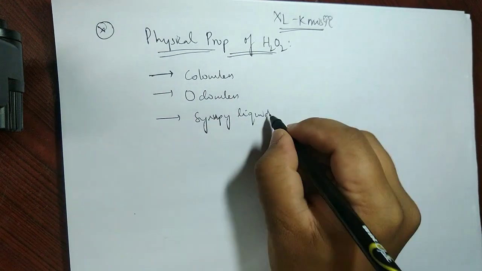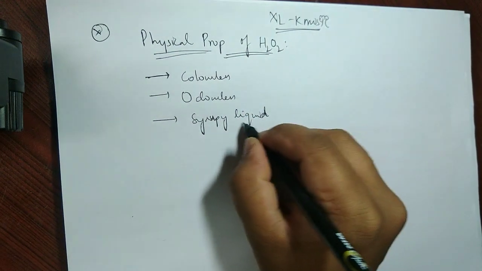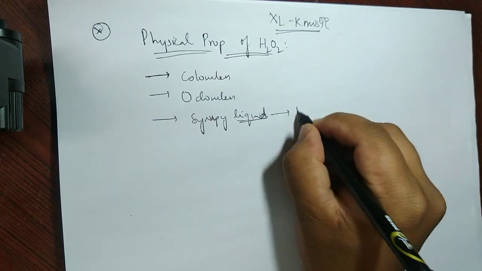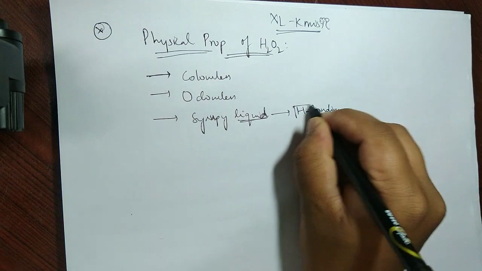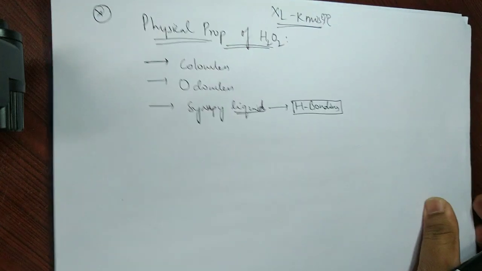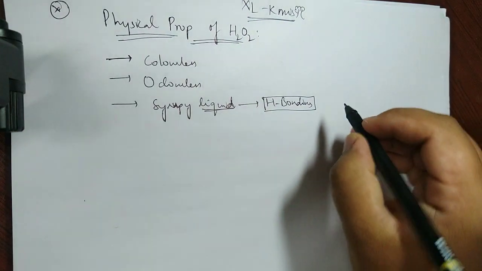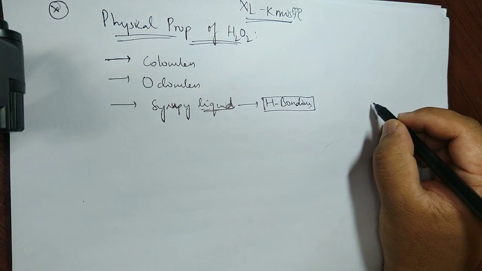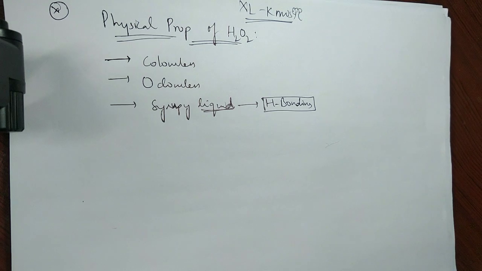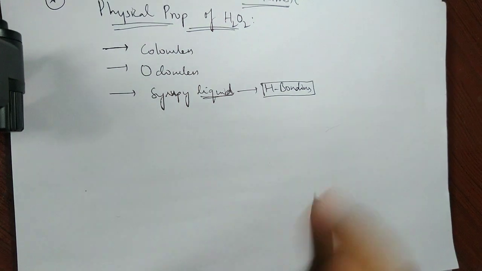Okay, so liquid. Why is H2O2 in the liquid state? Because of H bonding. I hope you know what H bonding is. See, that is hydrogen peroxide. Basically its structure is an open book structure. So what do you mean by open book structure?